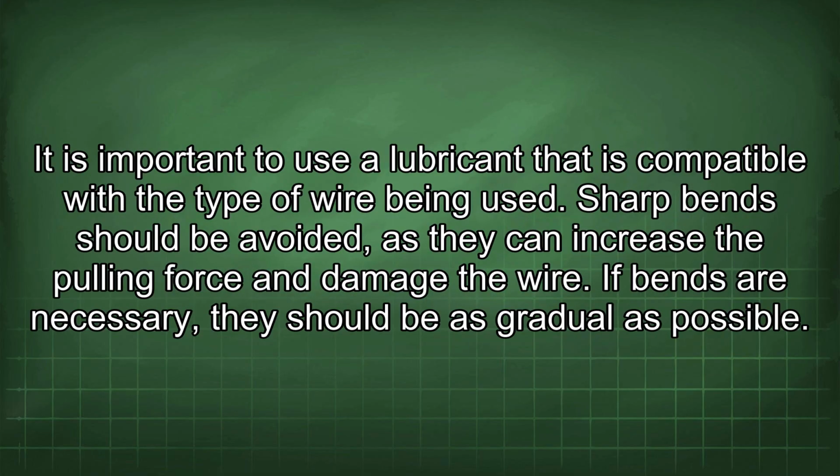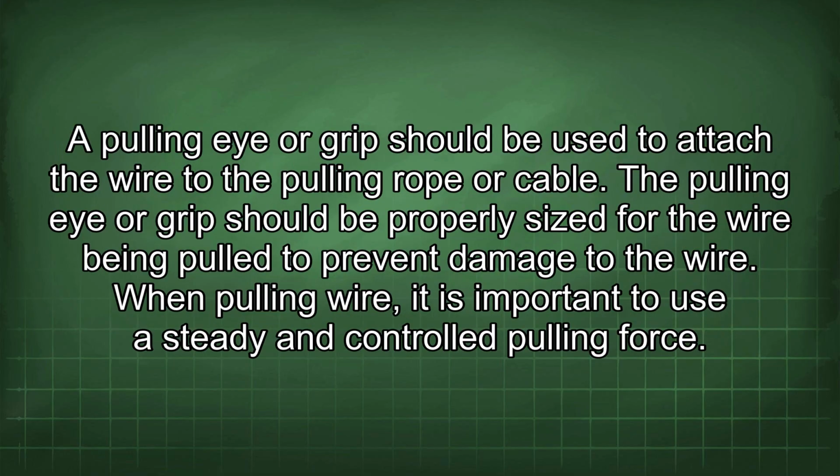It is important to use a lubricant that is compatible with the type of wire being used. Sharp bends should be avoided, as they can increase the pulling force and damage the wire. If bends are necessary, they should be as gradual as possible. A pulling eye or grip should be used to attach the wire to the pulling rope or cable. The pulling eye or grip should be properly sized for the wire being pulled to prevent damage to the wire.